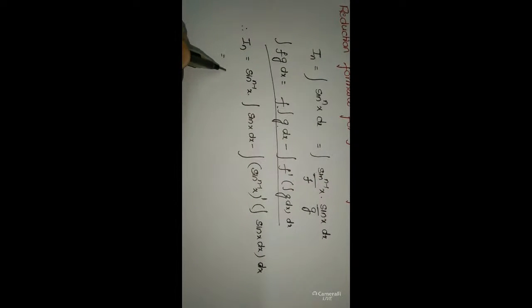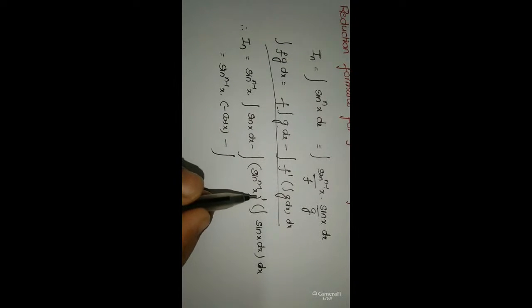This is equal to sin^(n-1) x into the integral of sin x. The integration of sin x is equal to minus cos x, minus the integral of the derivative of sin^(n-1) x.